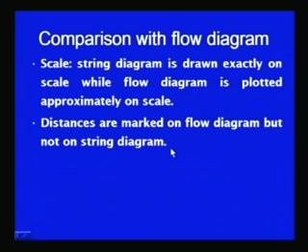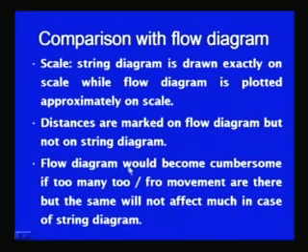Only the length of the thread is used to show the distance between the two stations, or the distance to be covered by the subject in the course of production. The flow diagram would become cumbersome if too many to and fro movements are there, but the same will not affect much in the case of the string diagram.